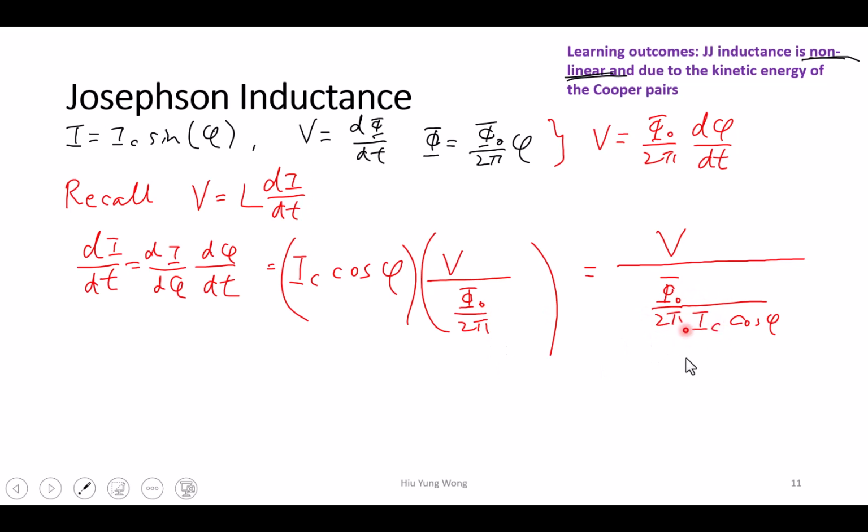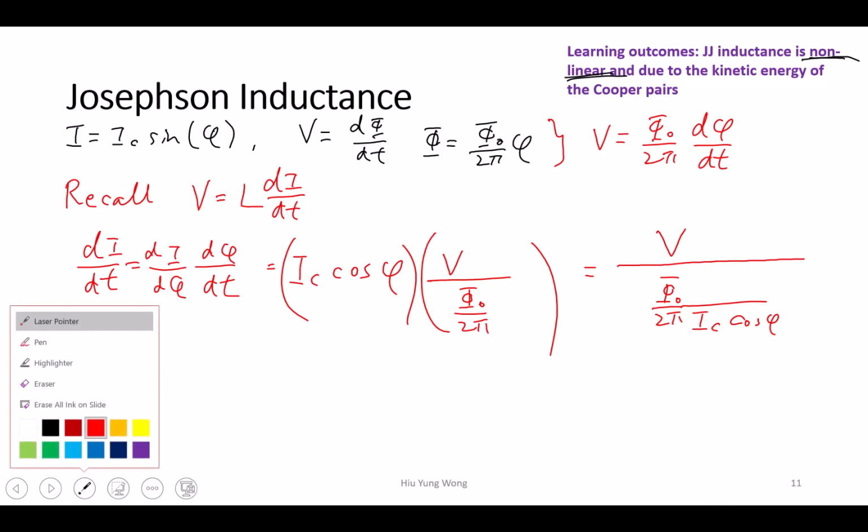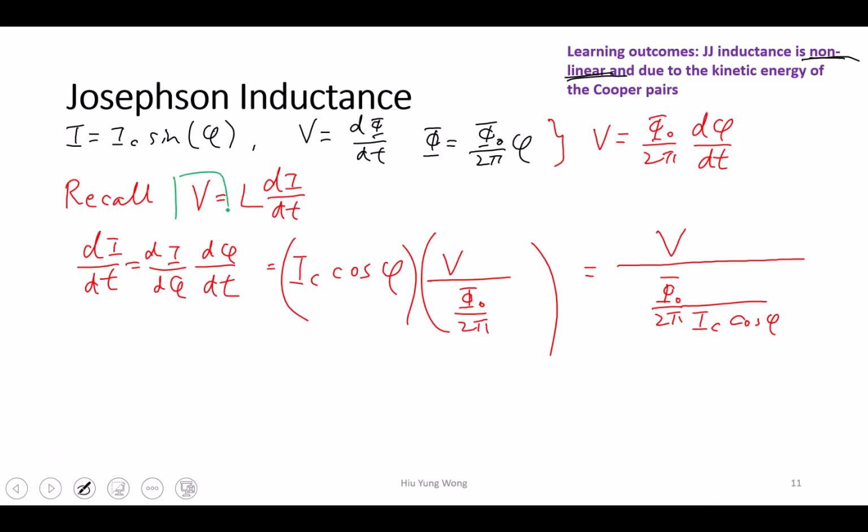Is that okay? I just rearrange the terms. Right? The main reason is this. Now, I have V here. I have di dt here. So then what does it mean?